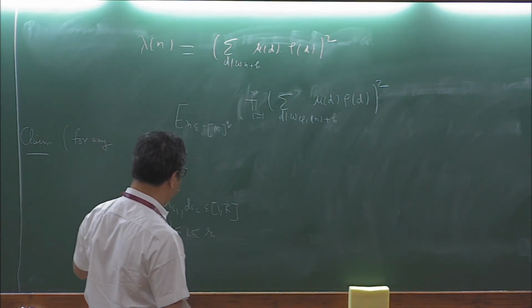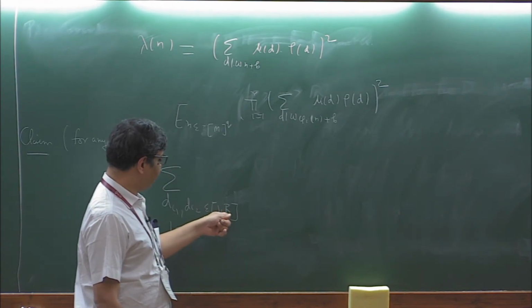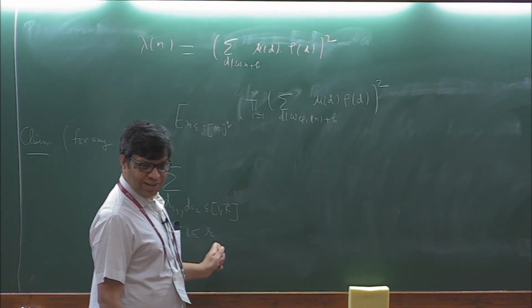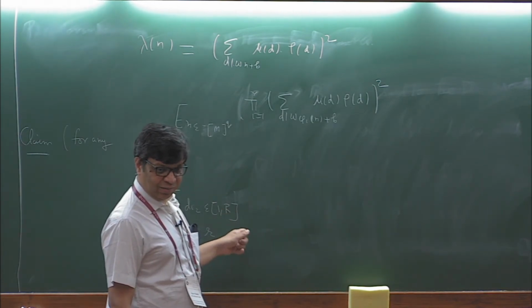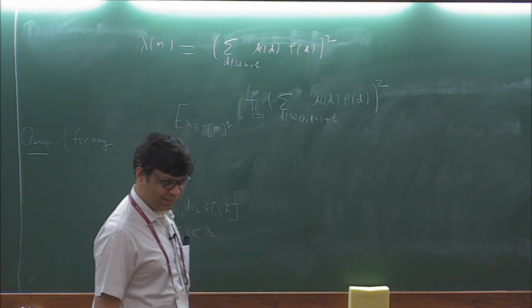Maybe it is slightly bad notation that I am denoting the support of rho and the dimension of the domain and range both by r, but one is capital, one is small.